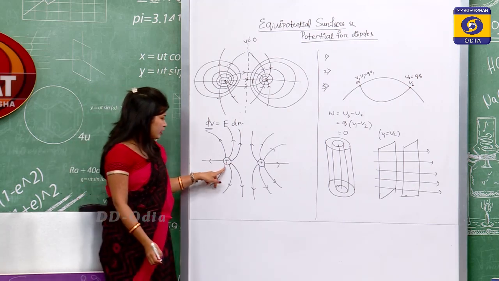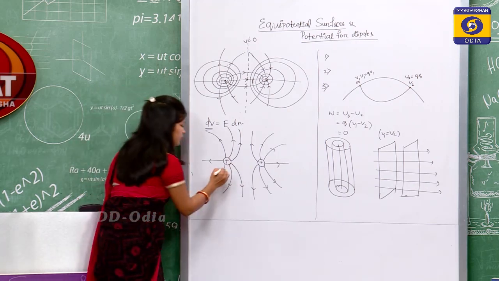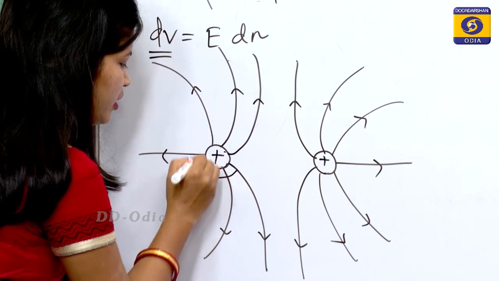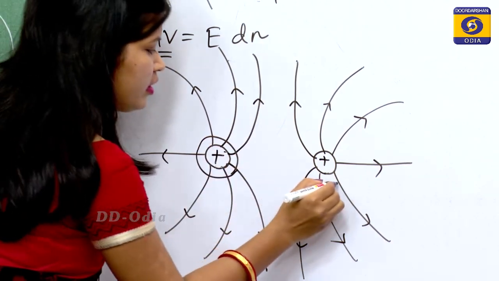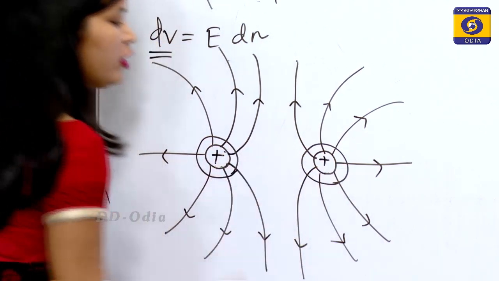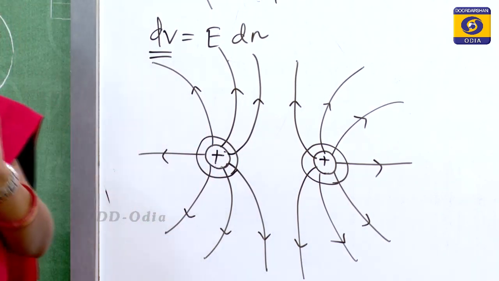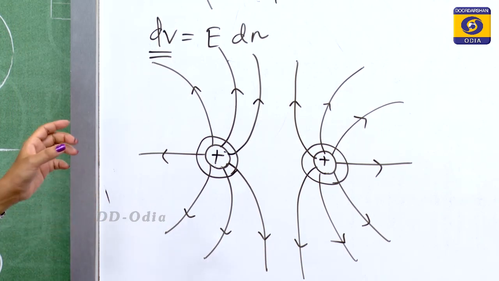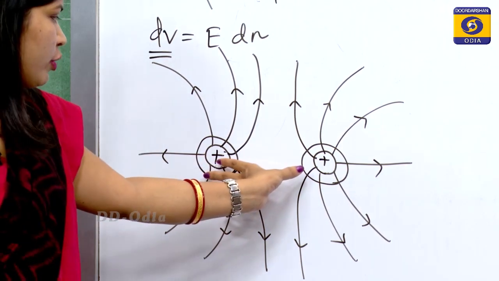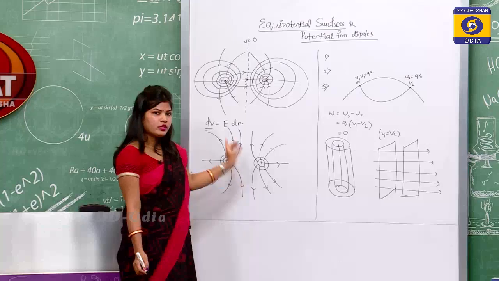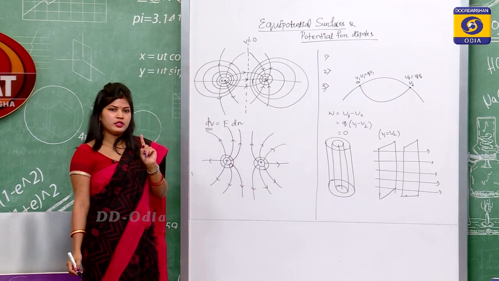See, when you are very close to this point charge, you get the perfect equipotential surfaces, that is, spherical equipotential surface. And when you are very far away, you find that these two equal positive charges will seem like a single positive charge.